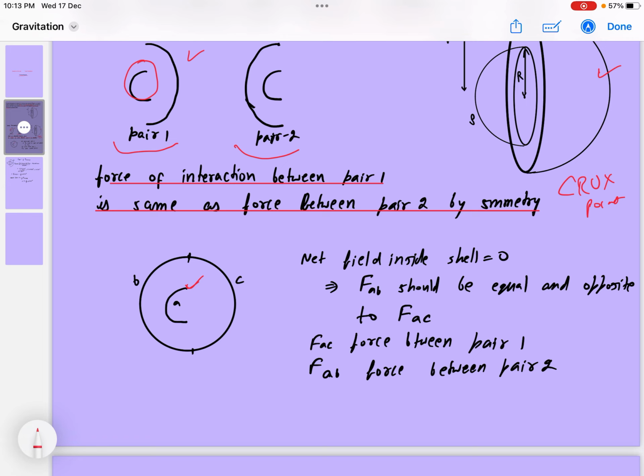So say our smaller shell is A, and the bigger shell's half shells are B and C. So the force between A and B must be equal and opposite to the force between A and C. Yes, or then only the net force on A can be 0, right? So A and B is basically what pair? Pair 2. A and C is basically what pair? Pair 1. So that is point number 1 that we have identified by symmetry.